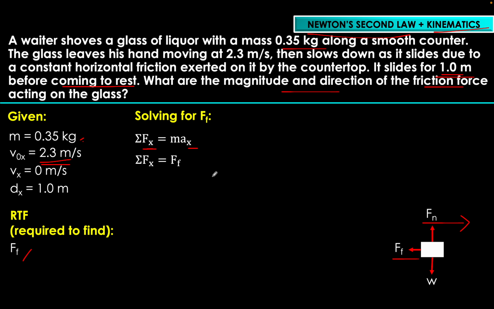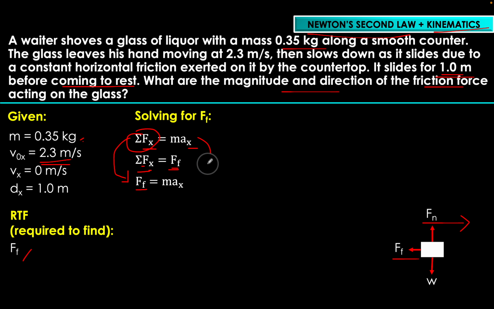So we can say that the sum of the forces along x is just the frictional force itself. With that, we can rewrite the second law equation into this. Again, the only force acting along x is frictional force, so you can replace sigma Fx in the equation with frictional force instead, and that's what we're solving for. So that's a perfect way of writing the equation.